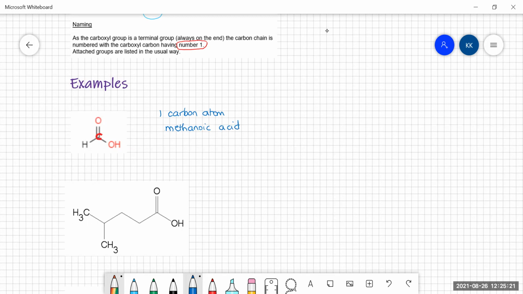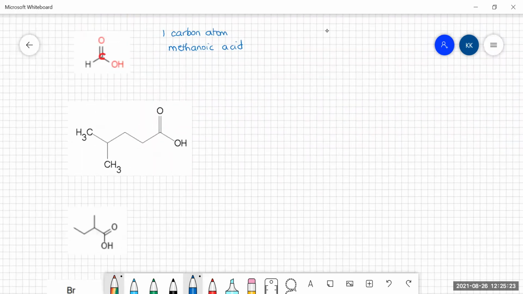All right, the next one. Now, I really don't like structural formulae or skeletal formulae that show the terminal carbons. So this is CH3, OH. Here's the carboxyl carbon, and there's a methyl group here. So we've got to find the longest continuous carbon chain that includes our carboxyl carbon here.